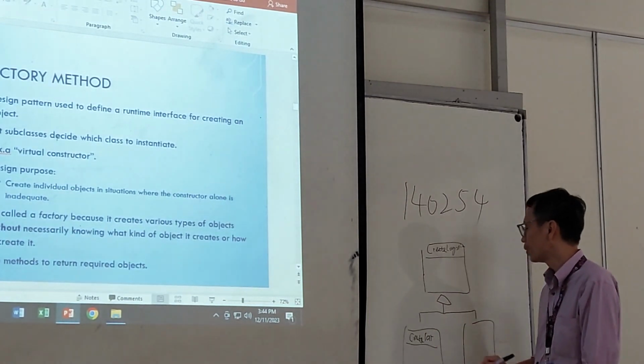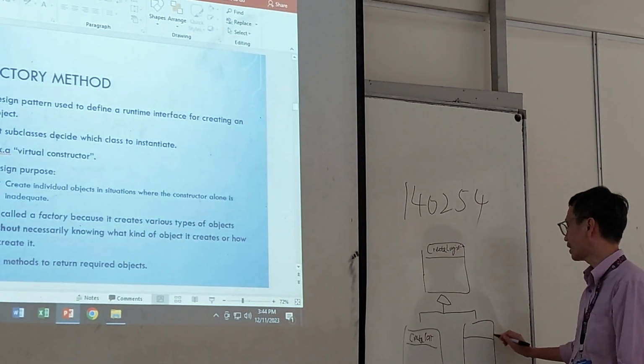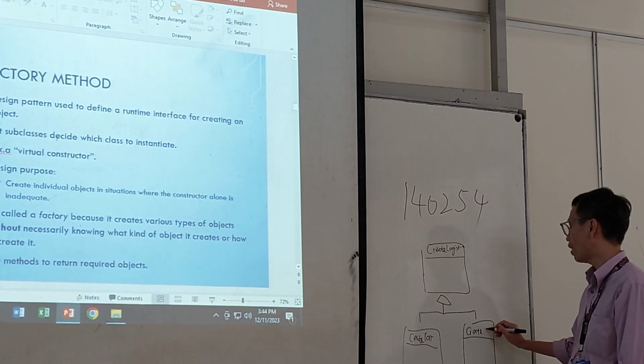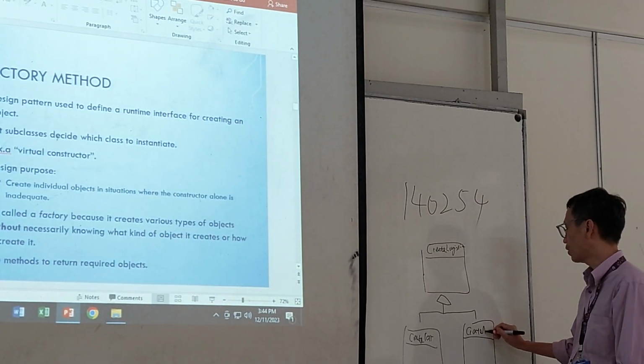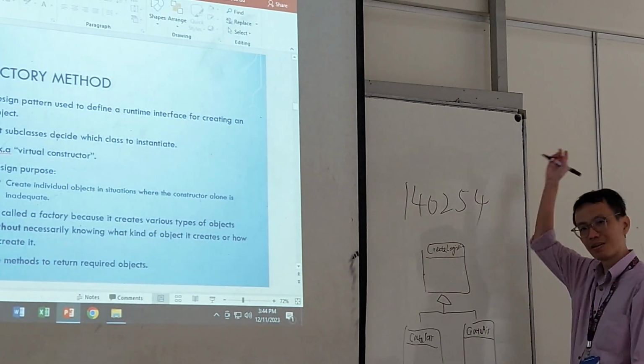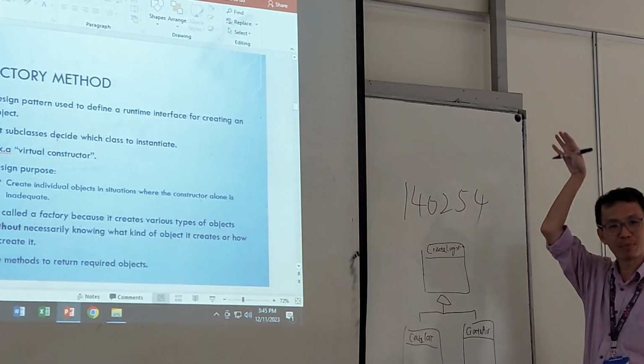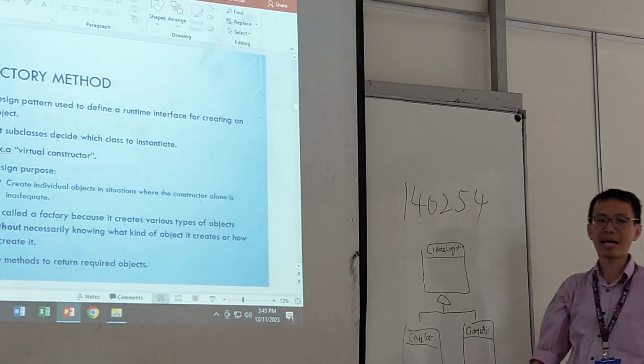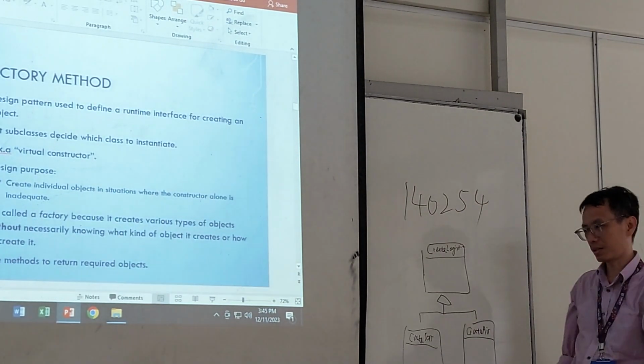Okay. So then, in this case, create. Now I want to be a logistic. Use the aeroplane, helicopter. Maybe you have an aeroplane to carry or to deliver the item.